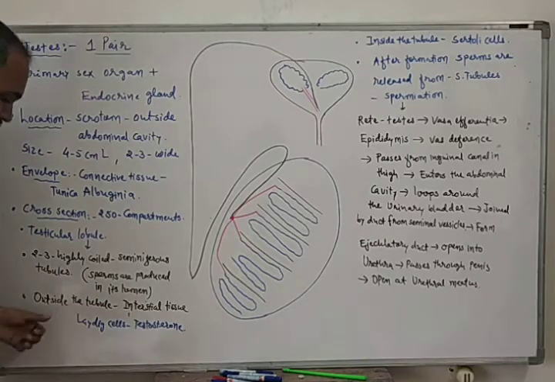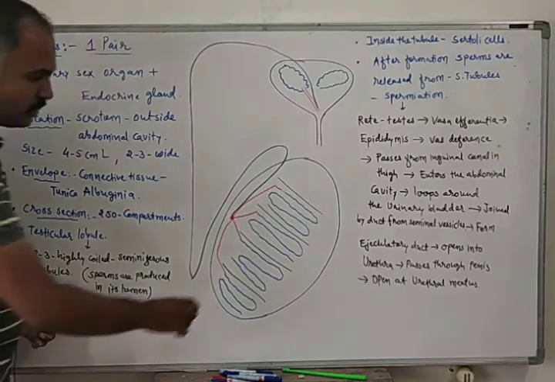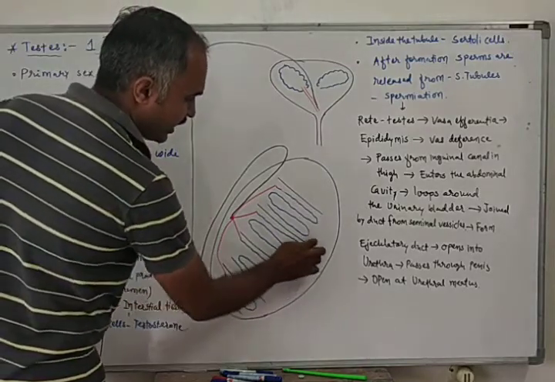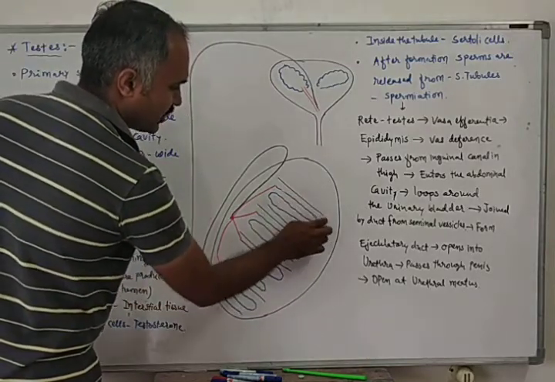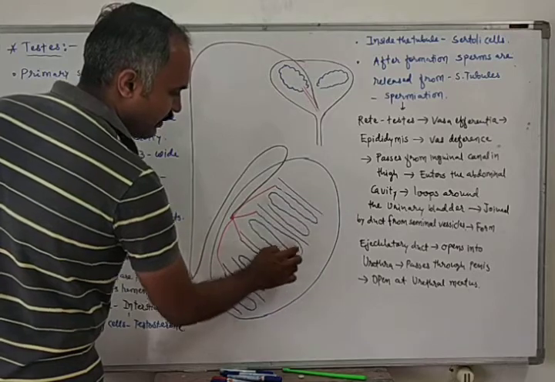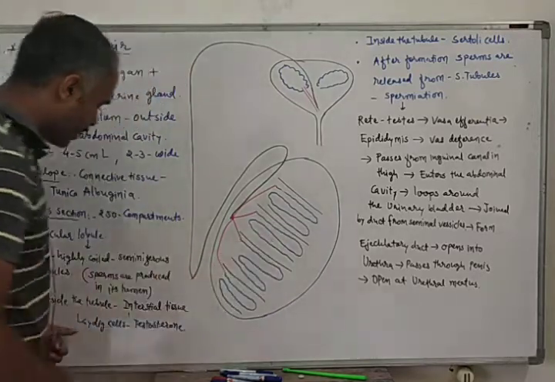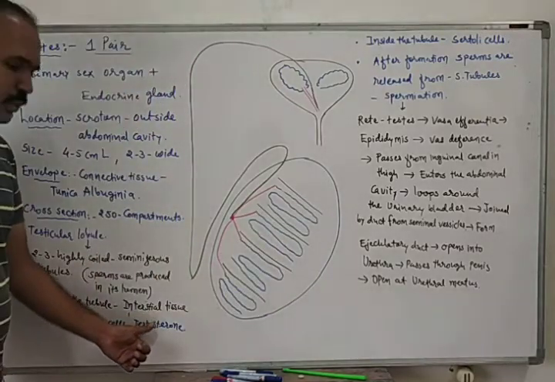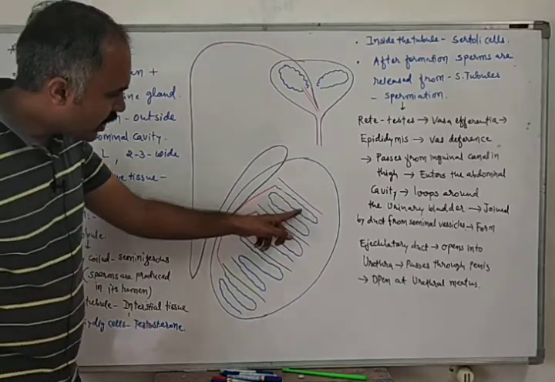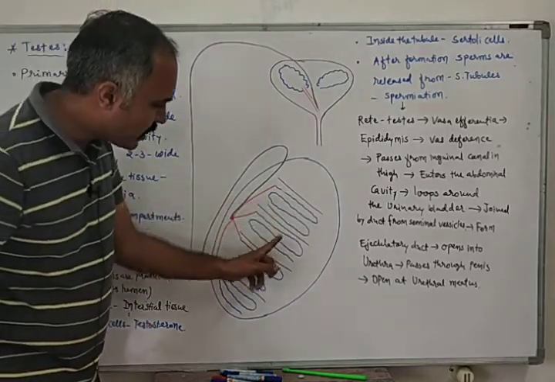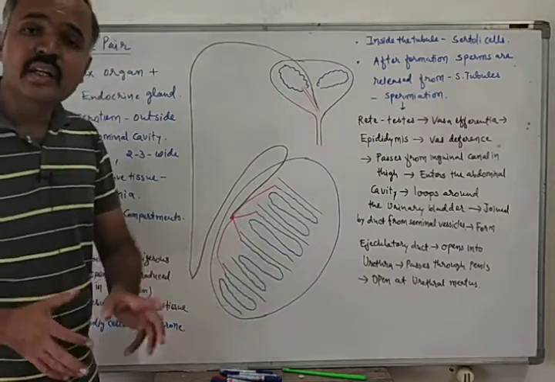Outside the tubule, this white colored region located outside of the tubule is known as interstitial tissue.